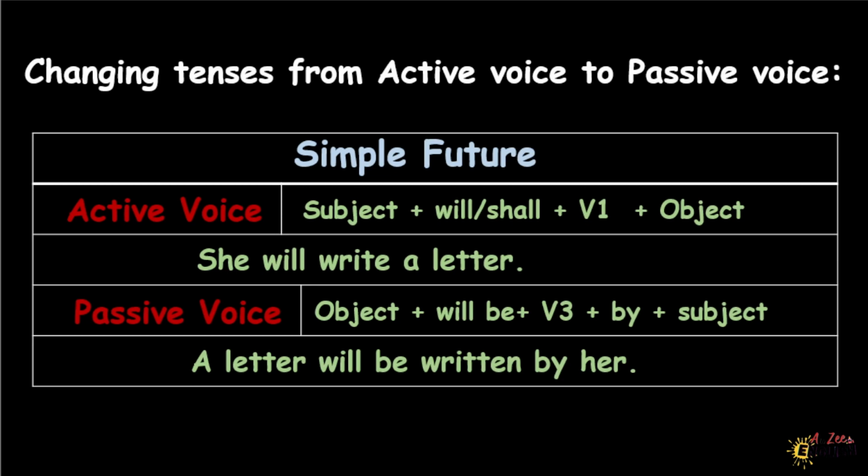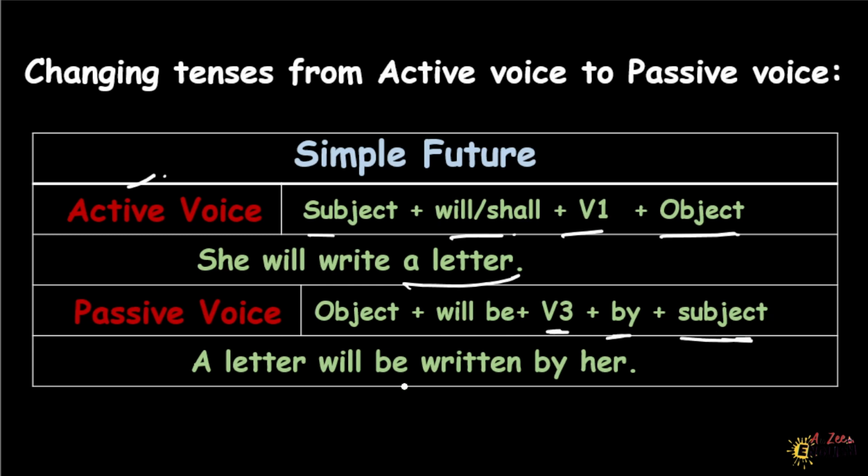Simple future. In simple future, for active voice of our affirmative sentence, we use subject plus will or shall plus first form of verb plus object. For example, she will write a letter. A letter is the object part. And the passive voice sentence structure is object plus will be plus third form of verb plus by plus subject.